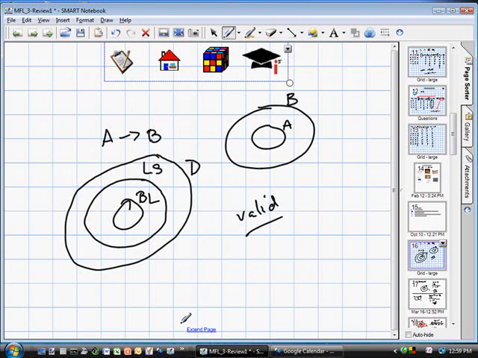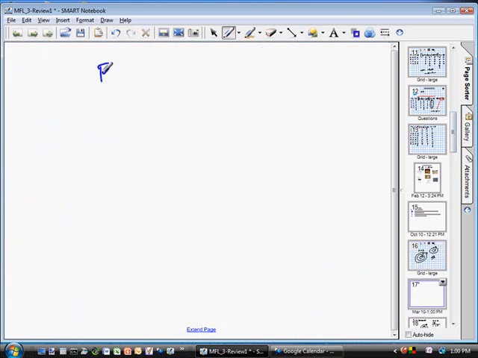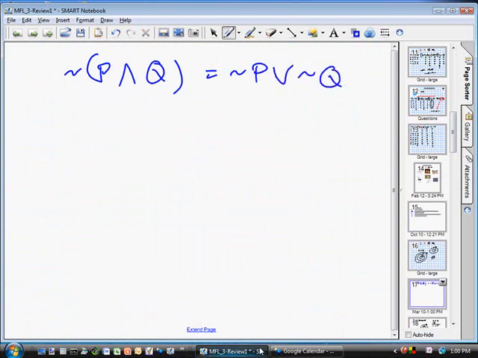Where have you seen this before? This is what I just said a few minutes ago. Have you seen that before? Yes. What is it called? It's De Morgan. Yeah. And then what's its cousin?